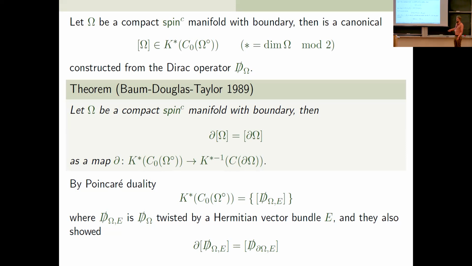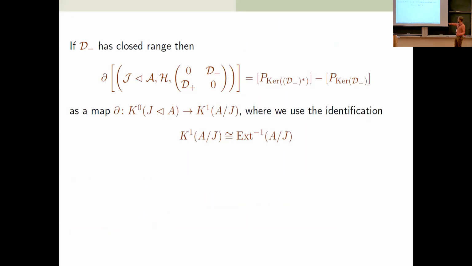So let's try to do that for our spectral triples. The first result is not really a big result. It's just the boundary map of these spectral triples. If you assume some part of this operator has closed range, we'll get these two projections. This is just a result taken from the book by Higson and Roe, so that's not a huge thing.